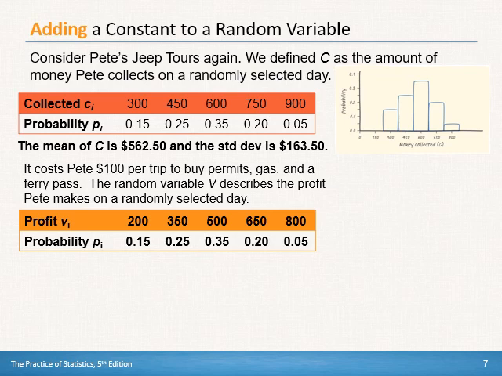What will the shape be, and what will the mean and standard deviation of V be? How does subtracting $100 from each of the values of C affect the mean and the standard deviation of the random variable V, as in Victor?